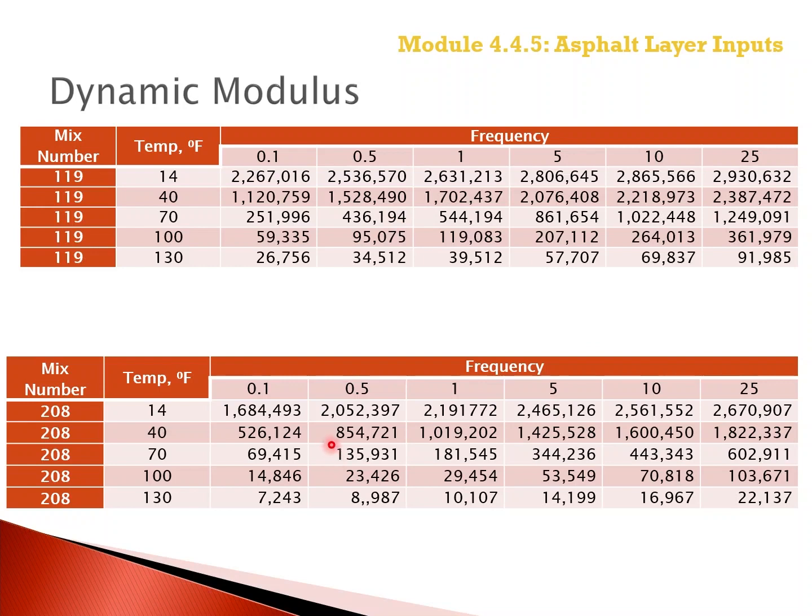The dynamic modulus measured at 130 degrees Fahrenheit and 0.1 loading frequency is almost 27,000, while the dynamic modulus for the other mixture at the same temperature and loading frequency is just over 7,000 psi.